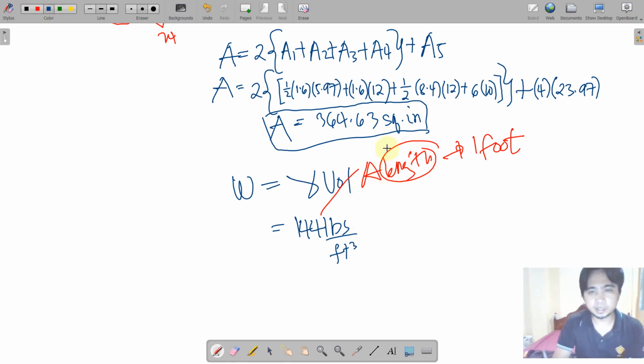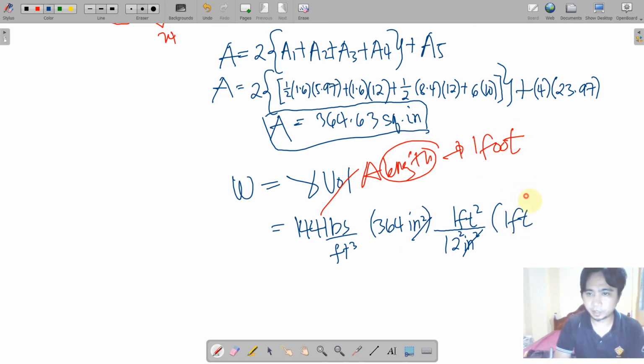The area in terms of square inches, we have here 364 inches squared. Okay, let us have a conversion factor again. In 12 inches there is 1 foot, and again all of these are squared so that we can cancel that one, and then again this is multiplied by a foot strip.